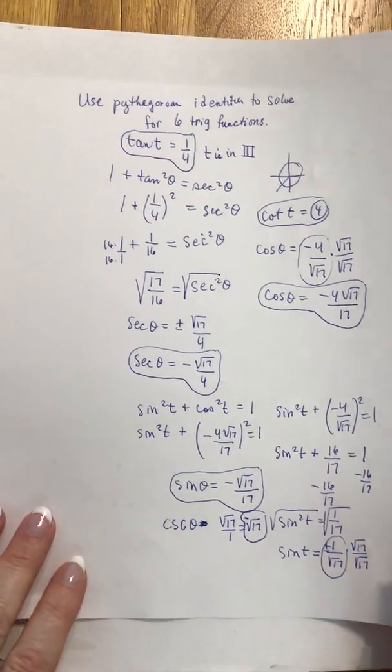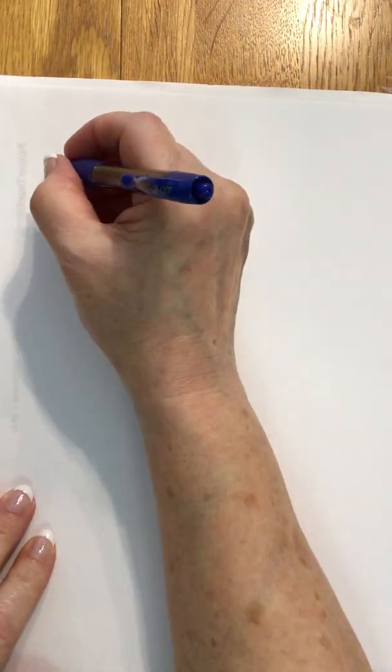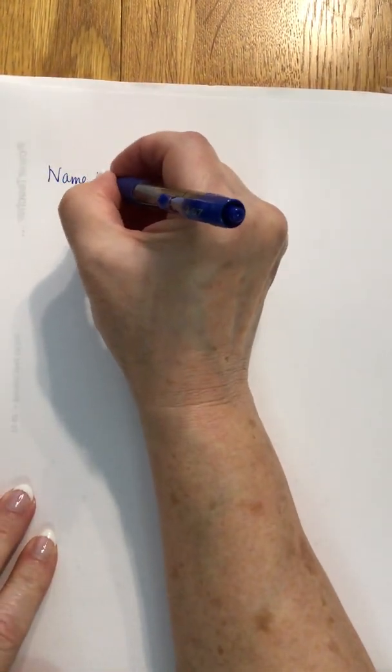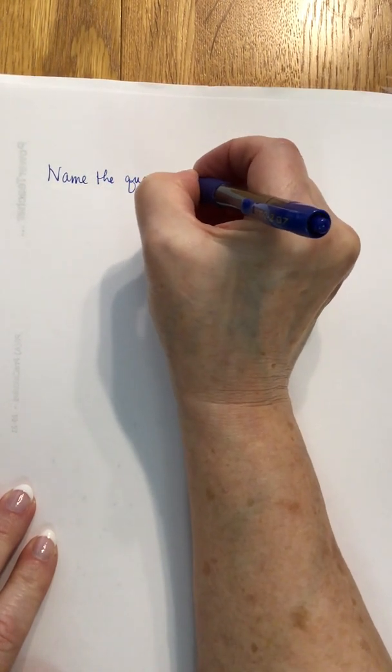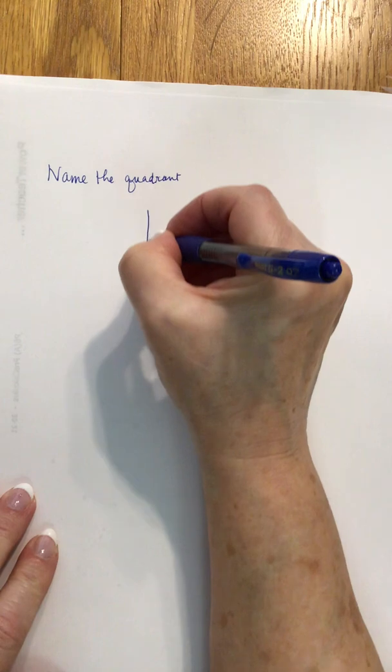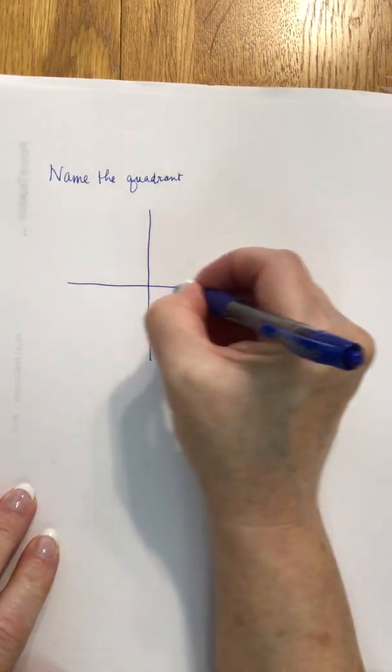Okay, the last thing we're going to do on this section, this notes, is we're going to play a little game called Name the Quadrant. All right, so we know our unit circle. That's the first thing.